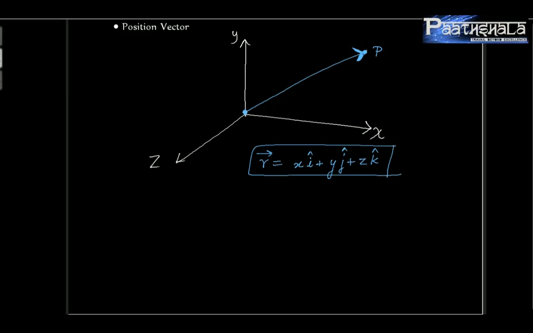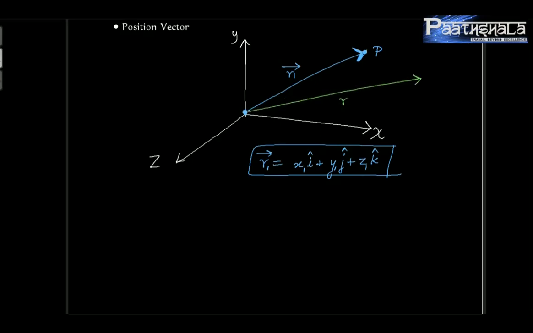Now let us see that there are 2 points. This point P is point 1 basically, so I'll write a subscript here. This is x1, y1 and z1, and this is r1. r1 is the position vector that represents point P. And there is a second point which is r2.